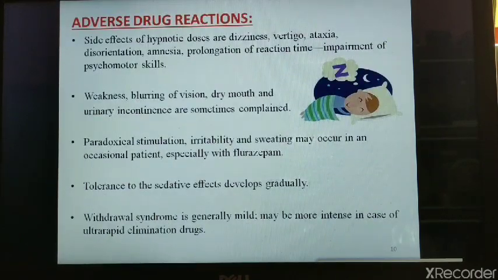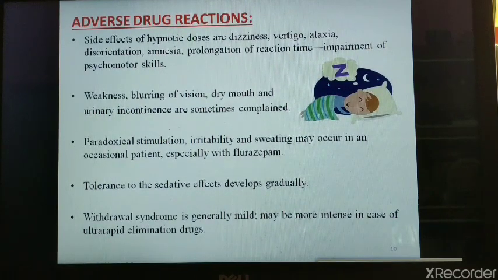Now, the adverse drug reactions which usually occur with the use of benzodiazepines are weakness and blurring of vision. It causes dry mouth. The hypnotic doses cause dizziness, vertigo, amnesia, and it also prolongs the reaction time and impairs the psychomotor skills.